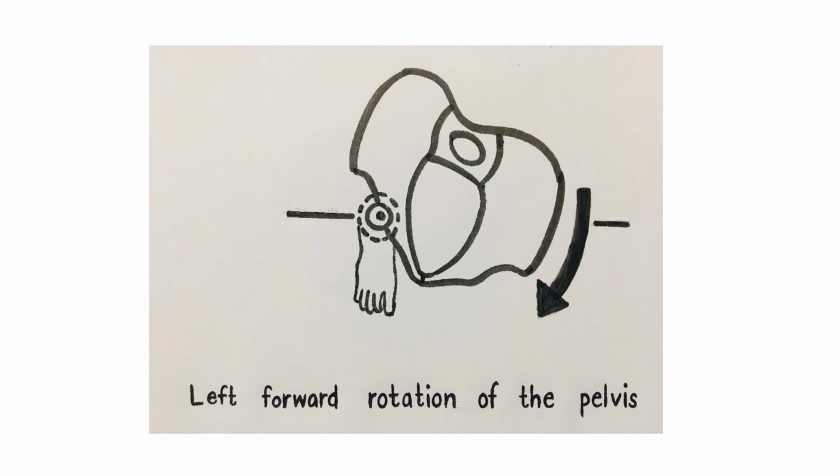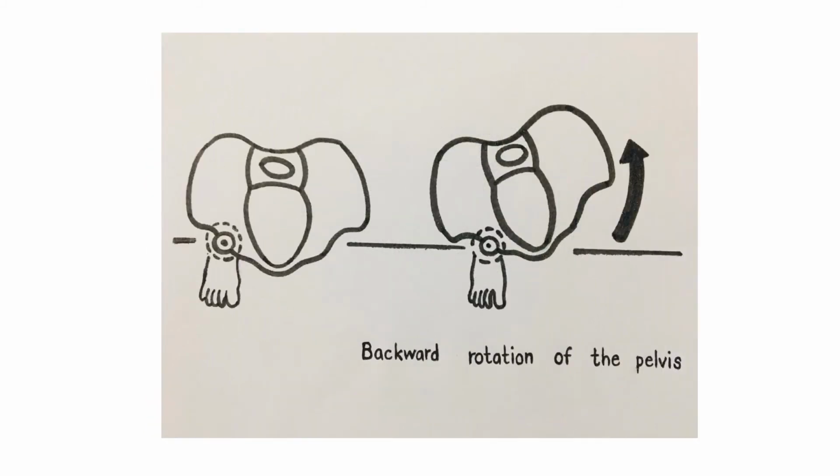Forward rotation of the pelvis produces medial rotation of the supporting hip joint. Backward rotation of the pelvis occurs when the side of the pelvis opposite to the supporting hip moves posteriorly. This produces lateral rotation of the supporting hip joint.